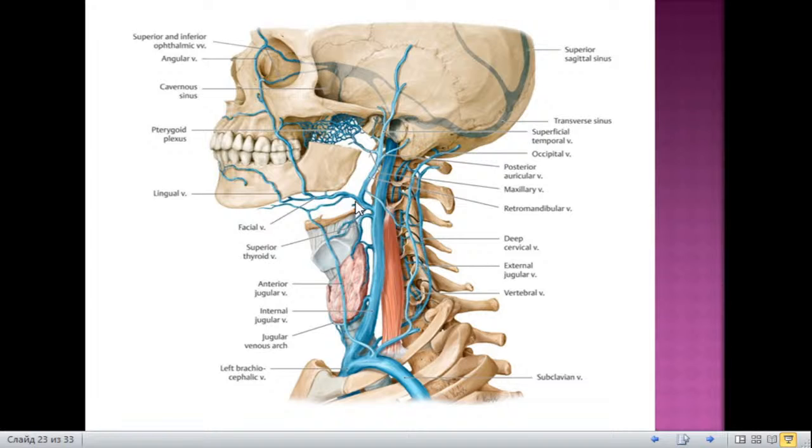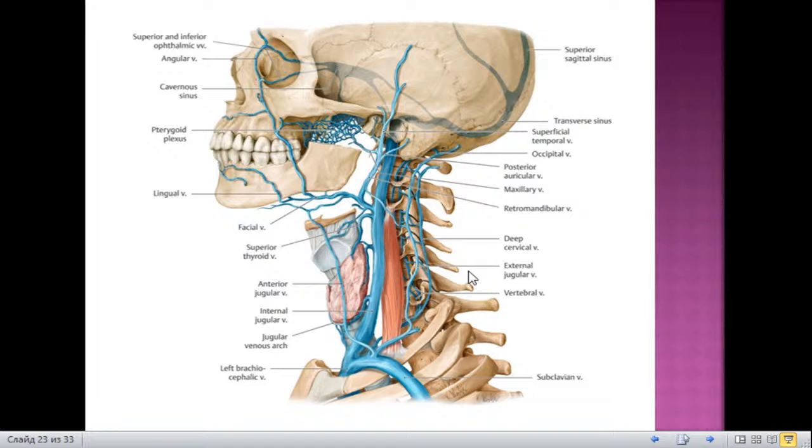It is called the retromandibular vein. This vein appears after the union of the superficial temporal vein and numerous pterygoid veins coming from the pterygoid venous plexus.